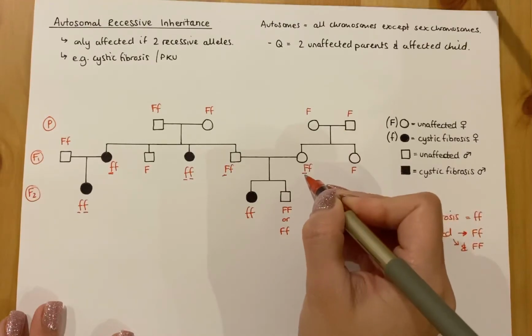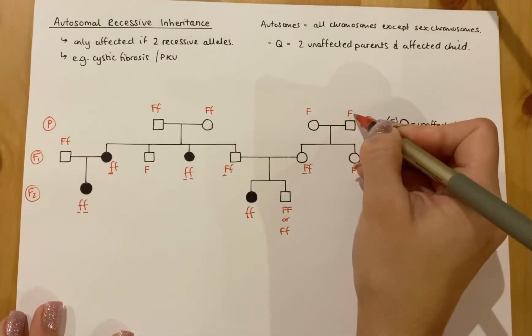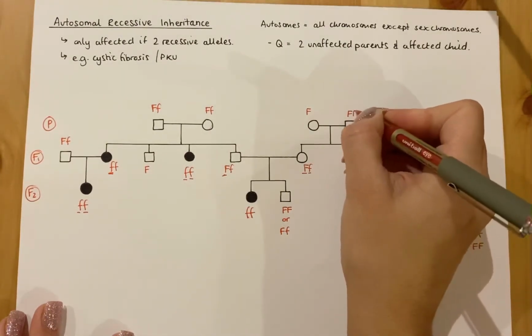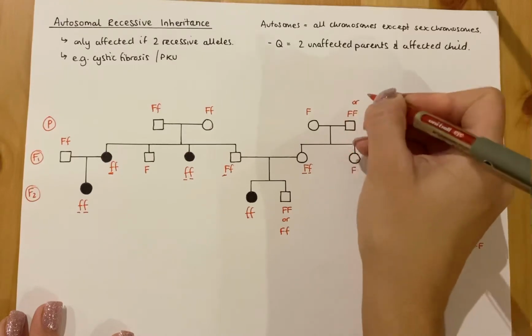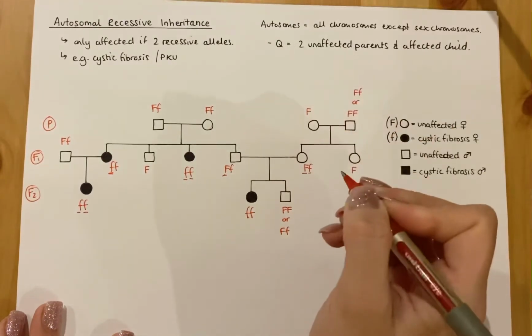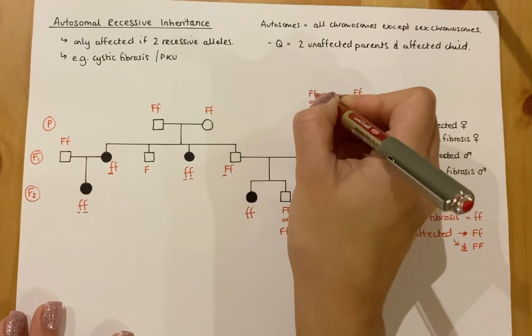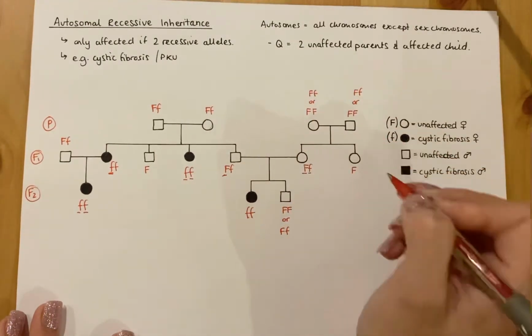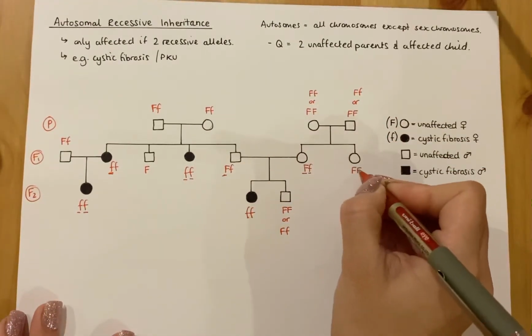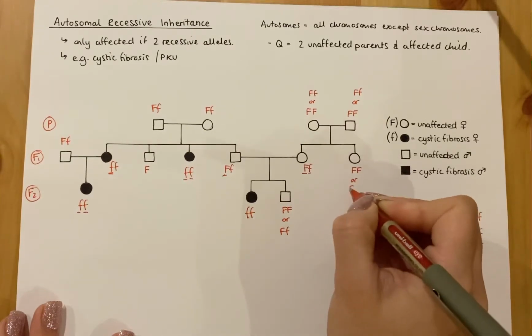So you've got a heterozygous child here. So one parent must have a small f somewhere, but we don't know which one it is. So this one could either be that or this, and the same for this parent. So it would either be homozygous dominant or heterozygous, and the same for this child here, because we don't know what the parents have given to it.